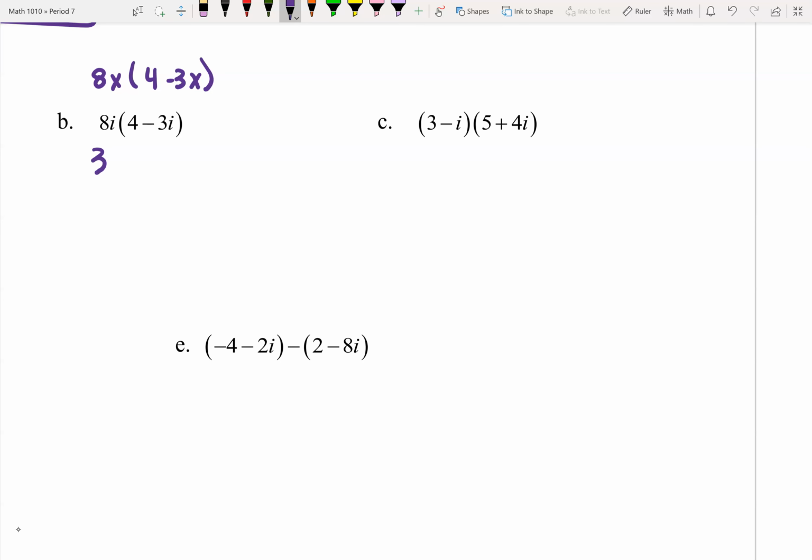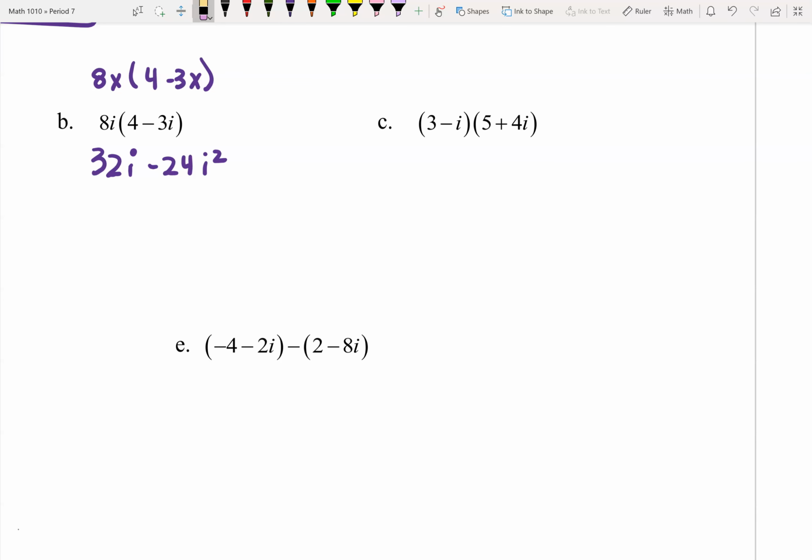8 times 4 is 32i. And then 8i times negative 3i, that's negative 24. And then i times i is i squared. Okay, now I'm going to show you how to skip a step, so watch. You can't have that i squared. i squared is really what? Tell me again. Negative 1.